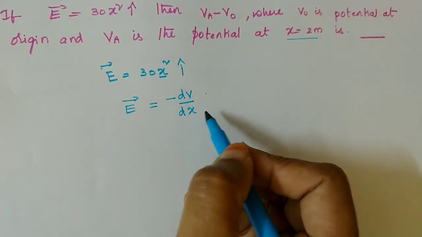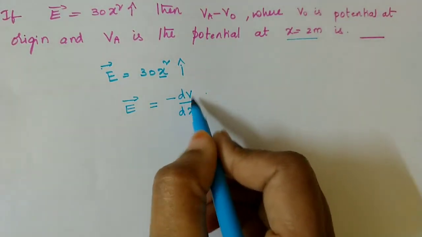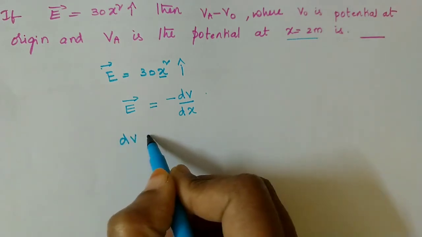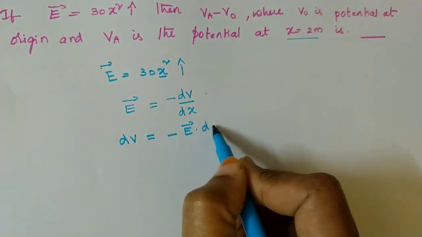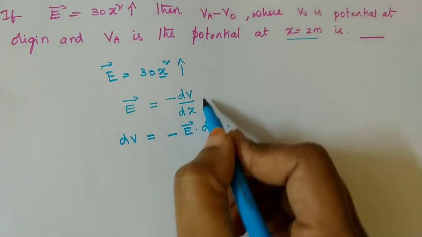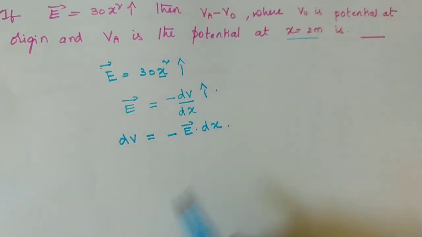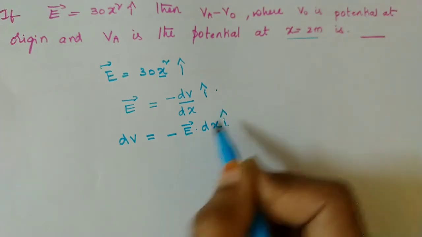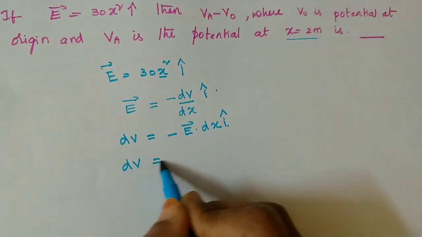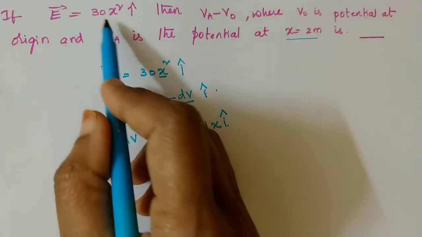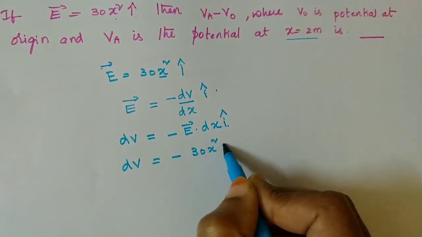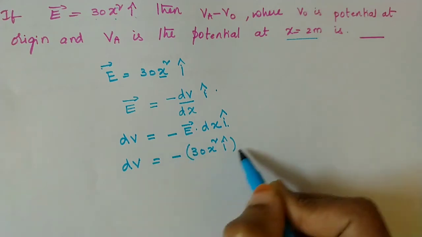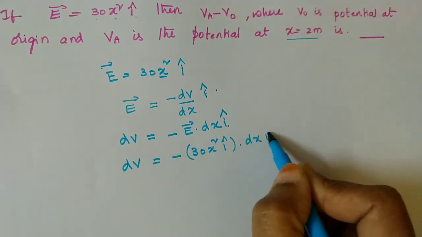Now when I write it in terms of V, we get dV is equal to minus E dot dx. If I write it in vector form, that's I cap, so dV is equal to minus, now put the value of electric field, it is 30x square I cap dot dx I cap.